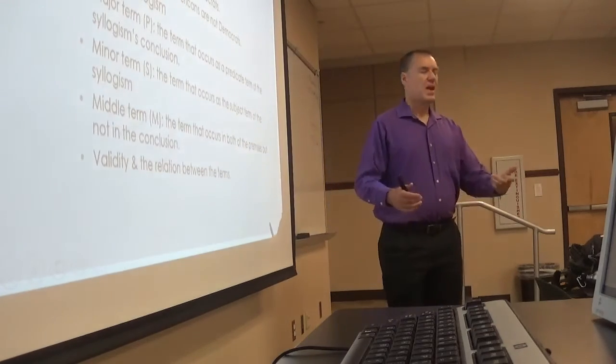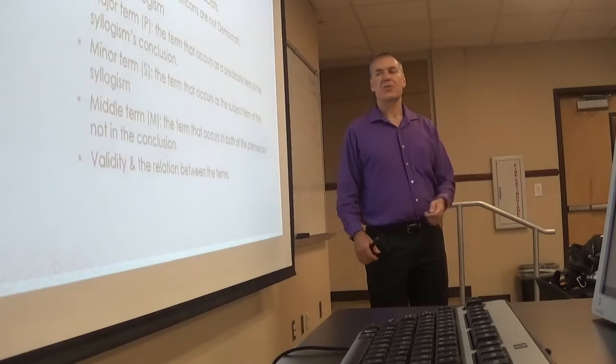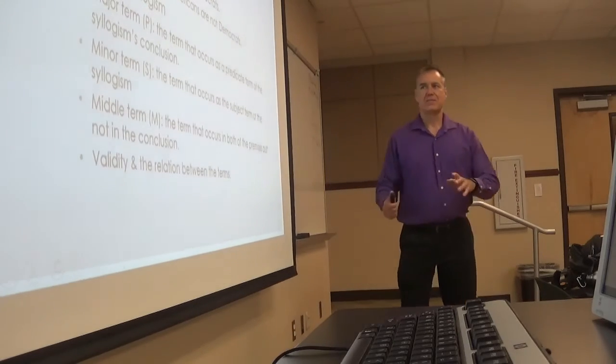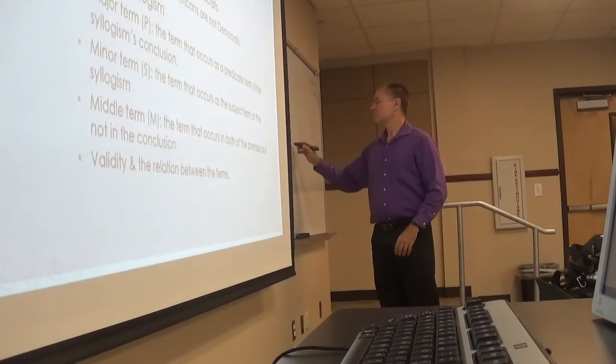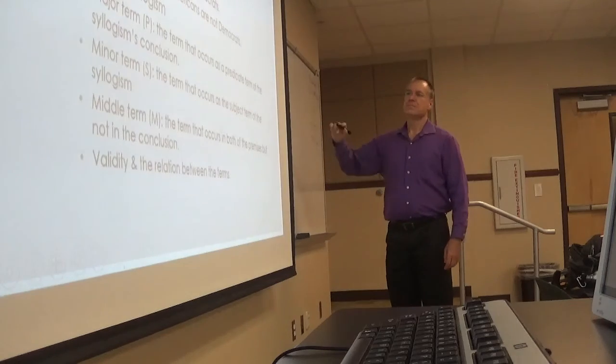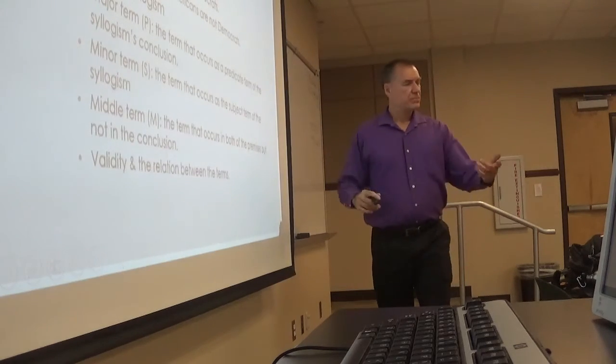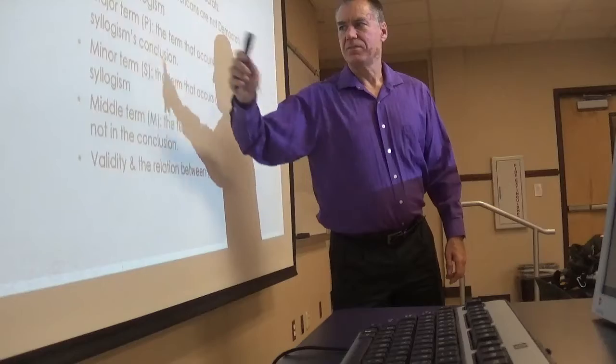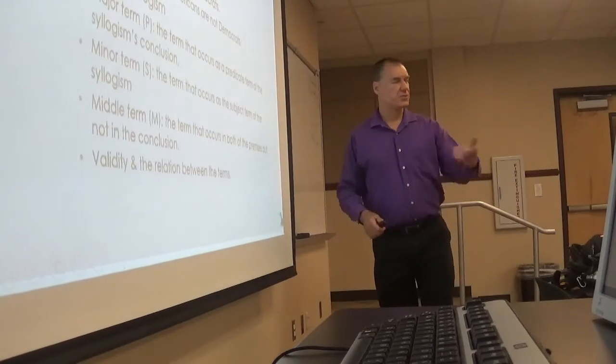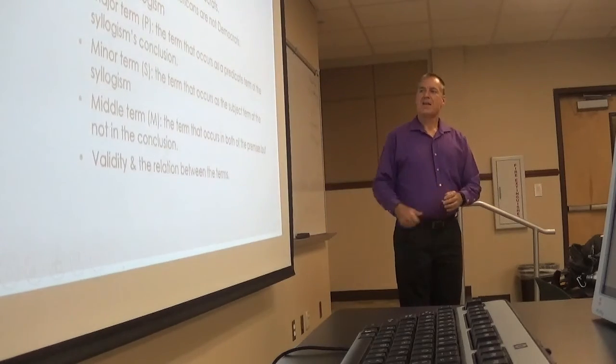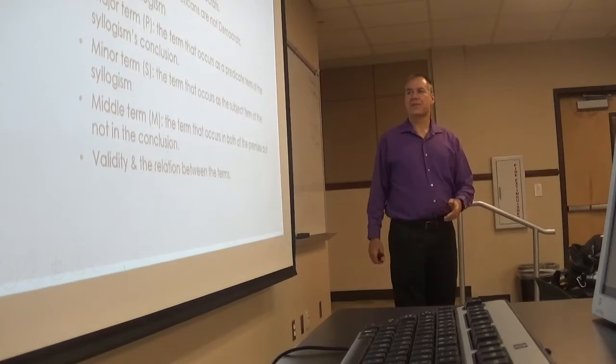So how does this work? Here are our three terms and what they mean. The major term, symbolized by P, is the term that occurs in the predicate of the conclusion.